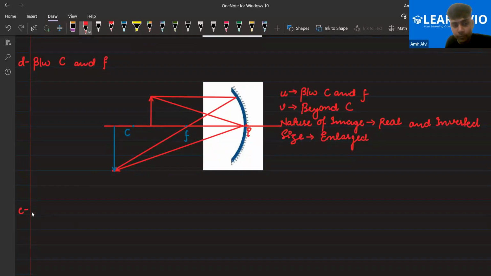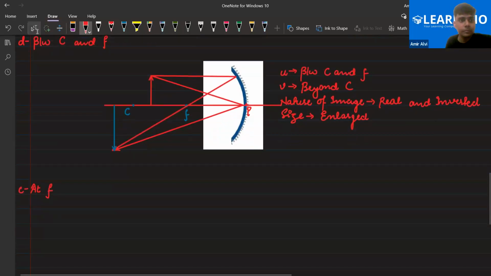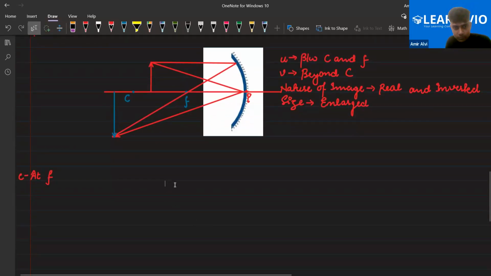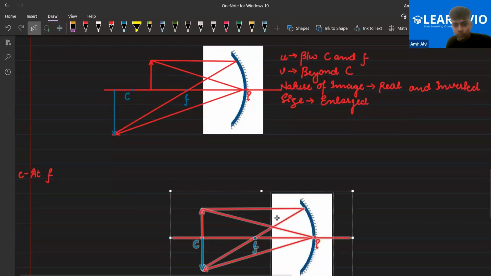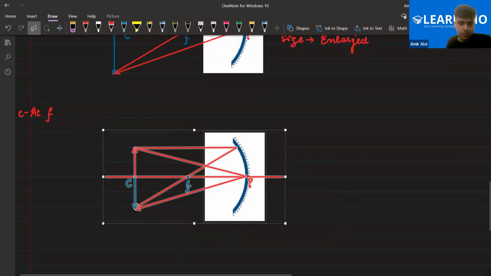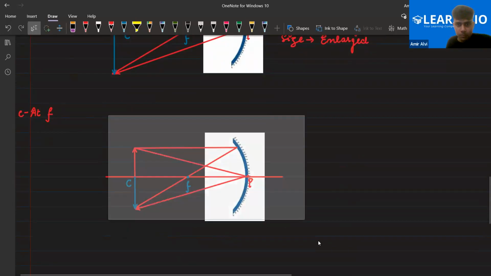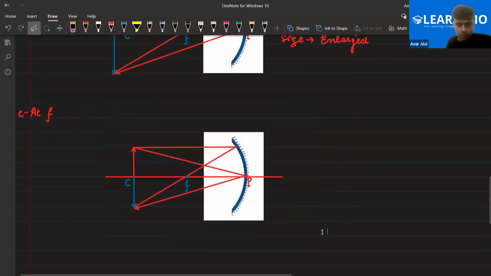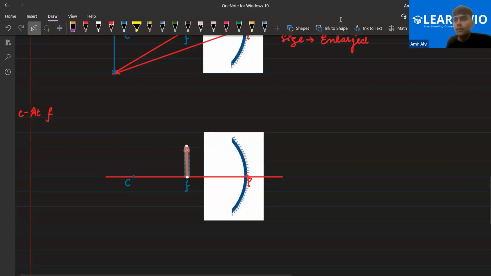The next point would be at F. So this is the opposite of the previous case.